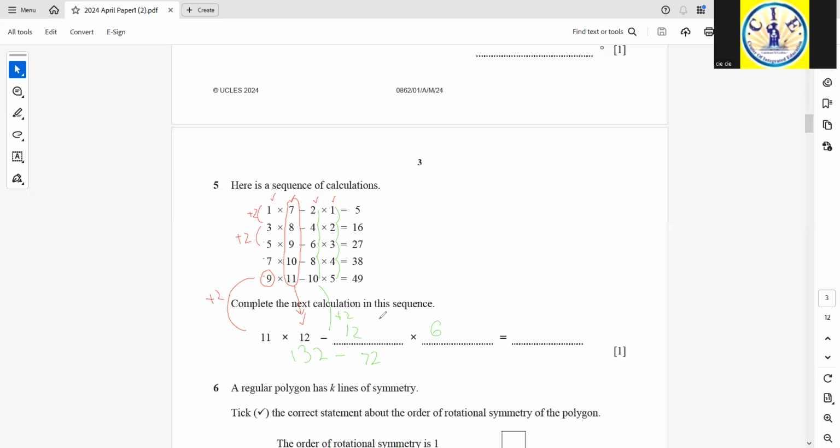So 132 minus 72, we need to simplify it. 2 minus 2 is 0, and then 6. So that means on the right side, this should be 6. So this is how this pattern has to be completed.